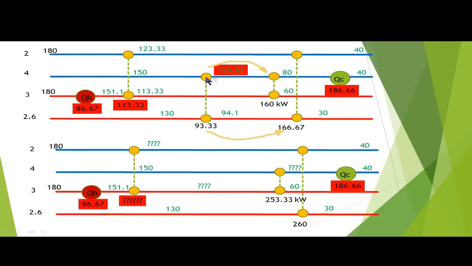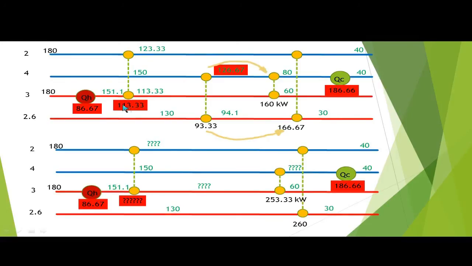So when I transfer the heat to that one, it means the heat load will be the summation of these two. So it becomes 153 kilowatt. When that's changed, and that plus with this put together, it becomes 260 kilowatt. So what happened now? When the transfer of heat to that, the heat load changed.